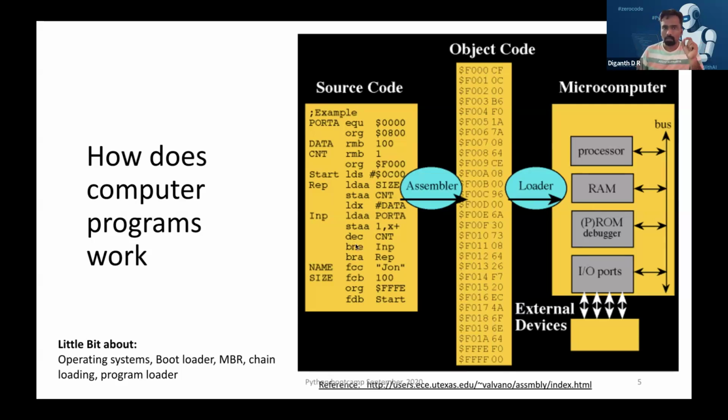So this is one of the old assembly codes. People cannot remember, or it's difficult to generate, a stream of bytes, ones and zeros, and feed it into the computer.